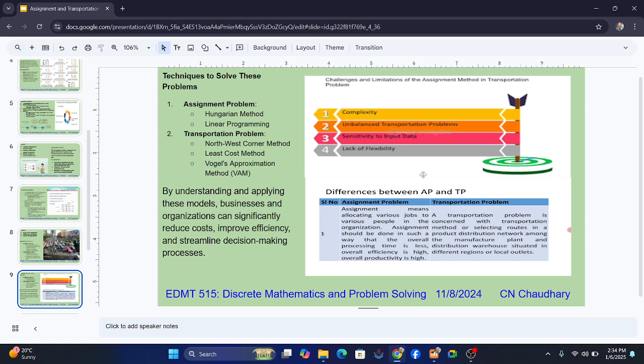Assignment should be done in such a way that the overall processing time is less, overall efficiency is high, and overall productivity is high. But in the case of a transportation problem, it is concerned with the transportation method or selecting routes in a product distribution network among the manufacturer, plant and distribution warehouse situated in different regions or local outlets.